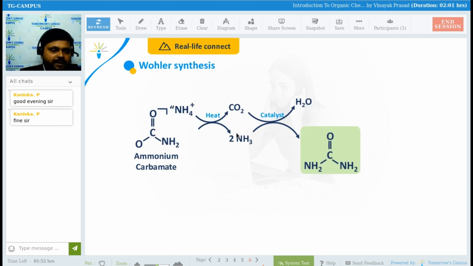See here, this is ammonium carbonate, right? There was a scientist whose name was Wohler. Wohler was doing some practices in his laboratory. He was doing some things with ammonium carbonate, and he was playing with ammonia, right?